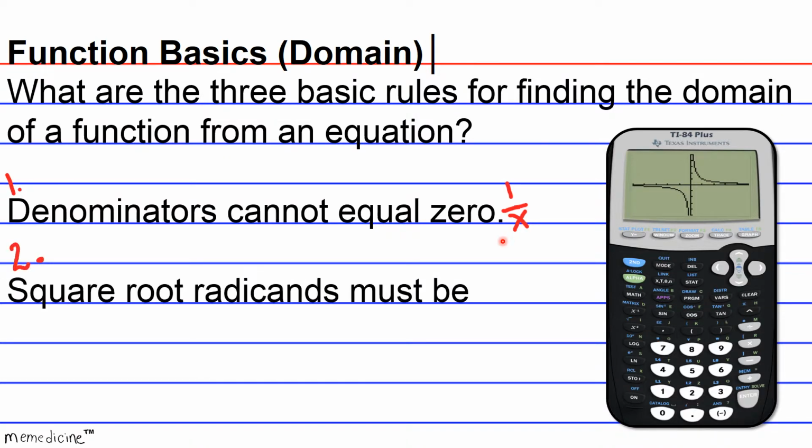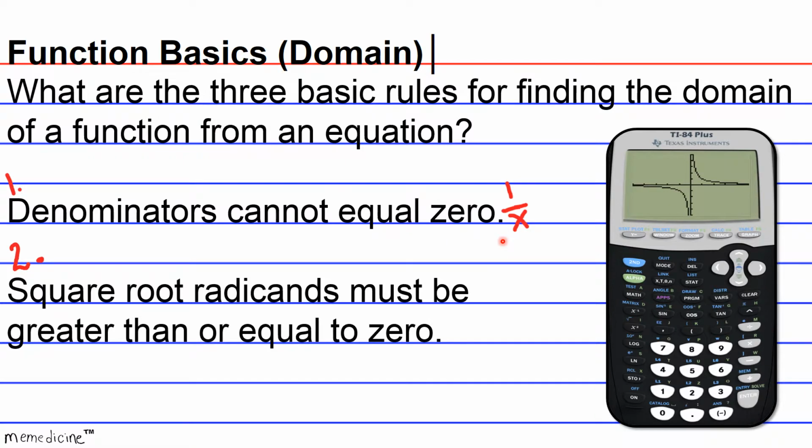The second guideline is that the square root radicands must be greater than or equal to 0. Let's use the example, the square root of x. I said the square roots of radicands, I meant square root radicands. You can have cube roots, the fourth root; a radicand is just an expression under the radical sign.